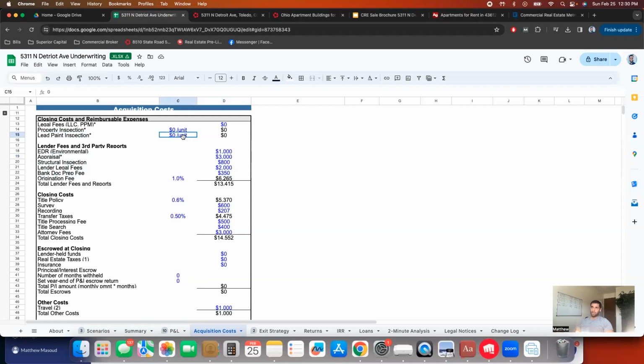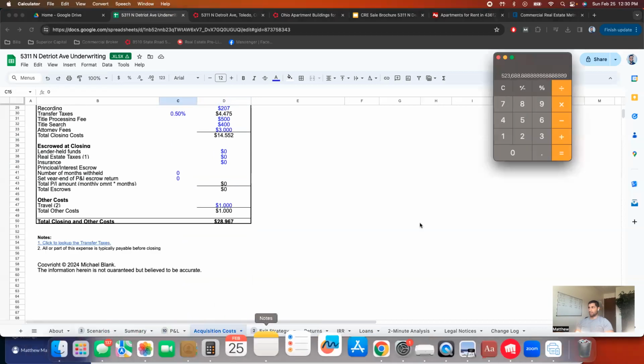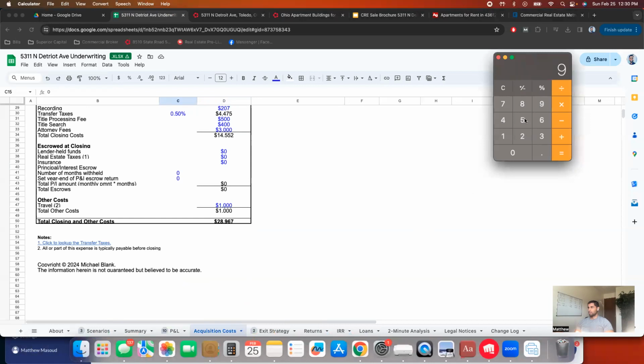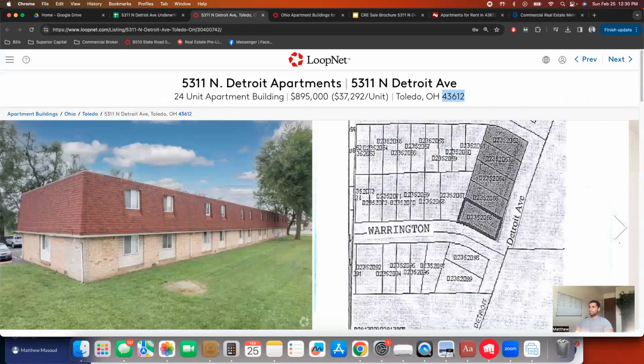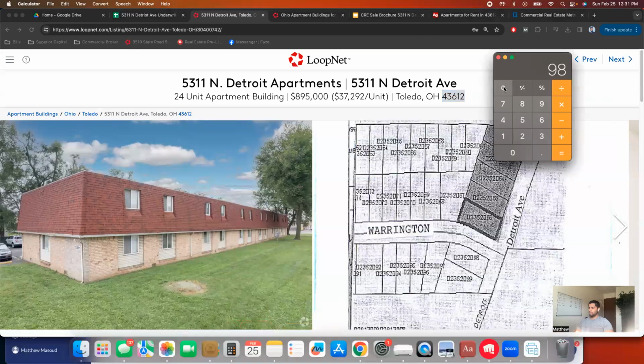Because there is a lead-based inspection here, but 28,000 for closing costs. The rule of thumb is 2%. So we'll take 950, or what was it? 895. 895 times 0.02.